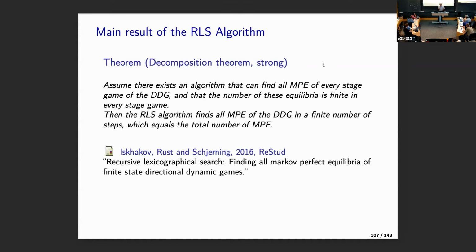Anyway, so the main result in the paper in Rust and Iskhakov is this theorem, which says that if there is a way to solve every stage of this directional dynamic game and find all equilibria, then the RLS algorithm delivers all Markov perfect equilibria of the whole game. And the proof is constructive, I just showed you.